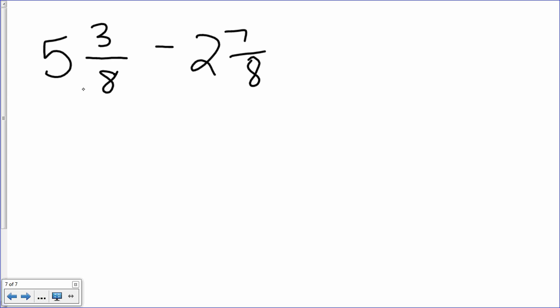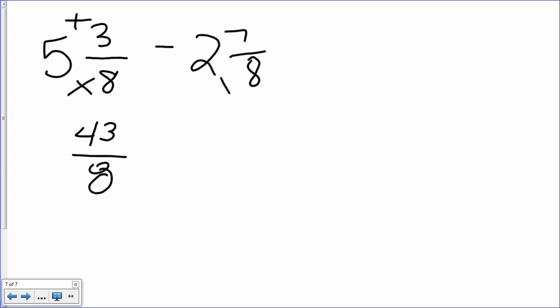So that means I'm going to multiply my 5 and 8 and then add my 3 to that answer. So when I multiply 5 and 8, I get 40, plus 3, I get 43, and then I'm going to keep the same denominator, which is 8. I'm going to do the same process for this mixed number.